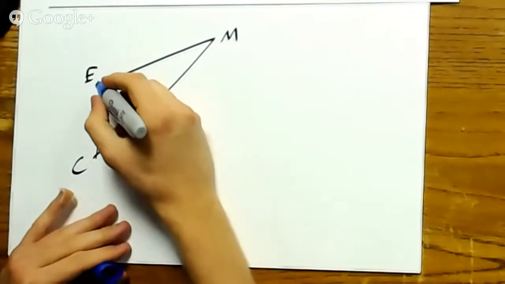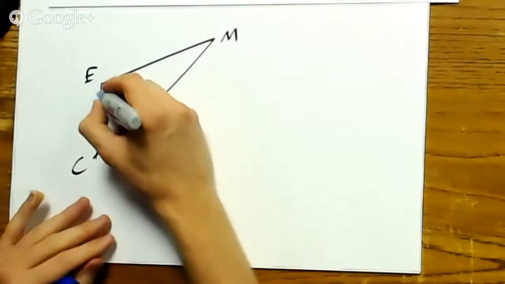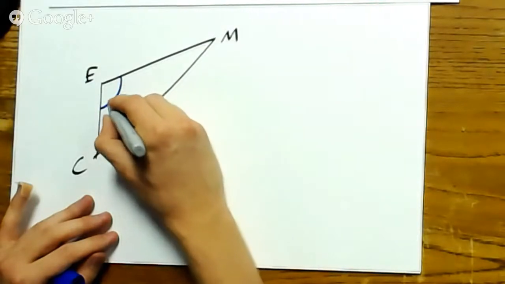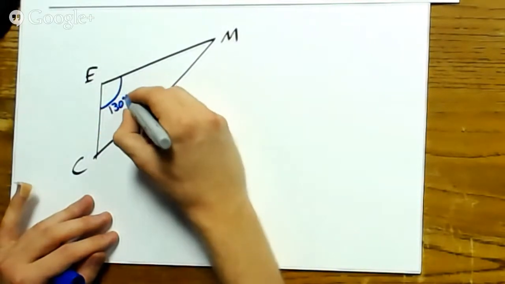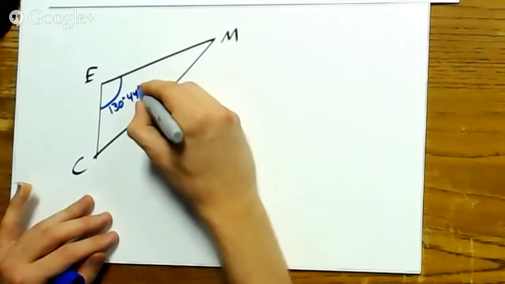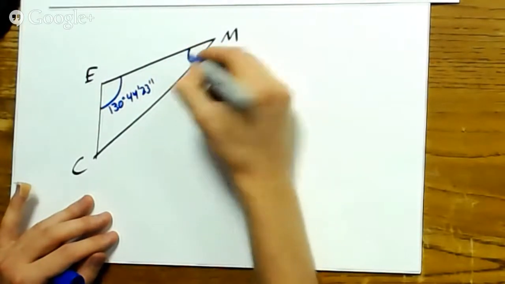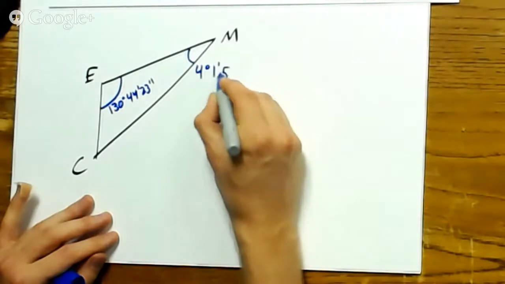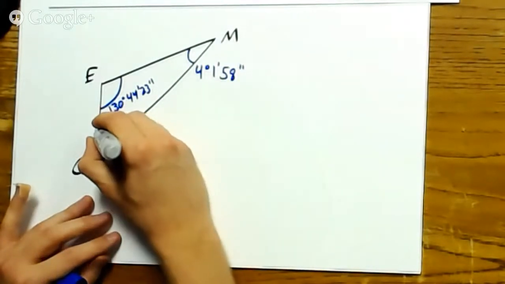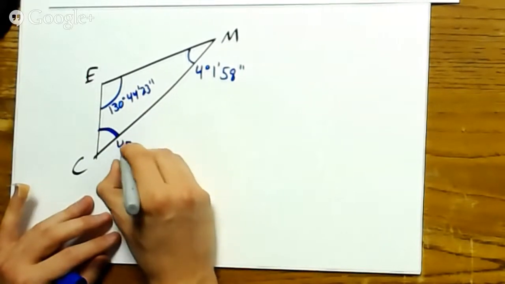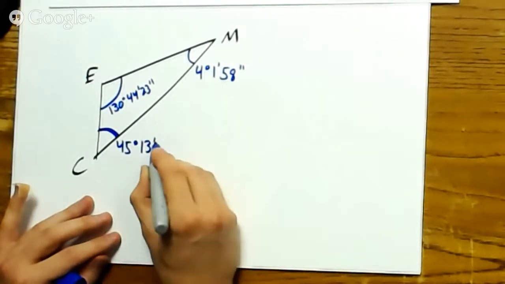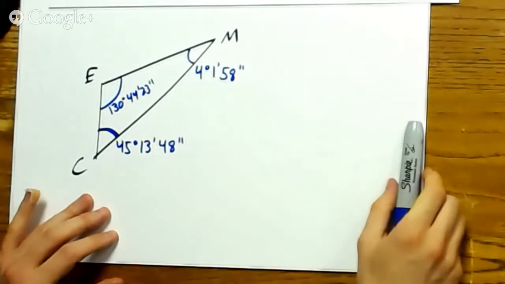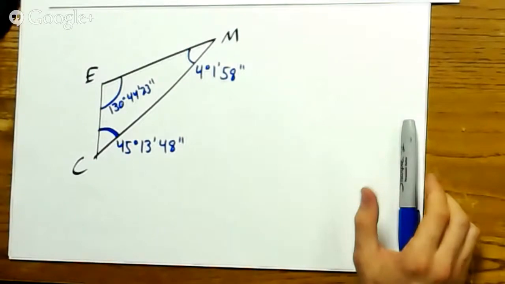All right. Then what did you do? Then I was able to find what that angle ECM is, which is 45 degrees, 13 minutes, 49 seconds. I did that because every triangle is made up of 180 degrees.